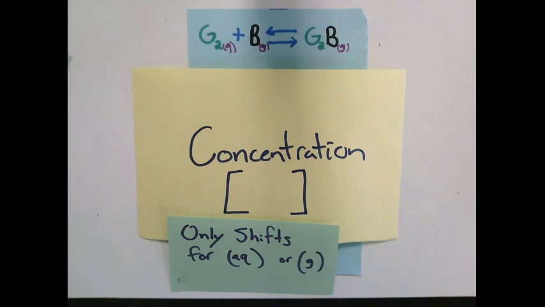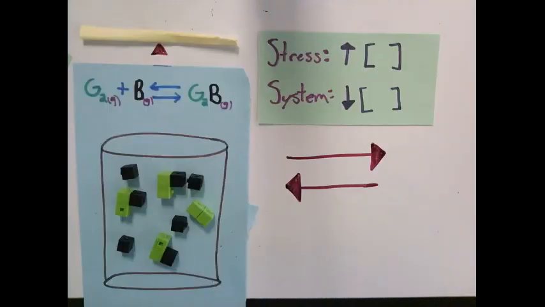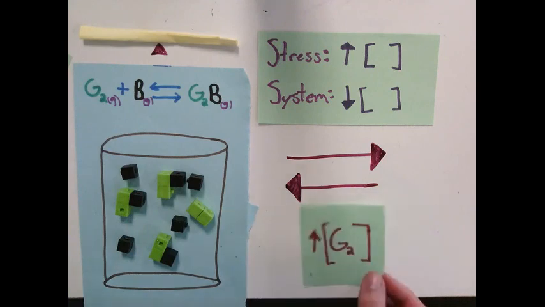So adding a gas, either G2 or B, will shift our equilibrium. If one of those were a solid, adding that would cause no shift to our equilibrium. The first example we're going to do is shifting by adding more G2.